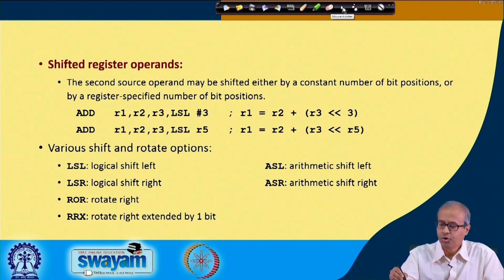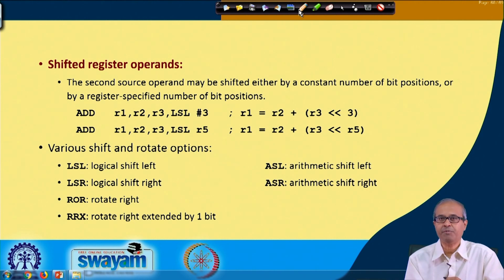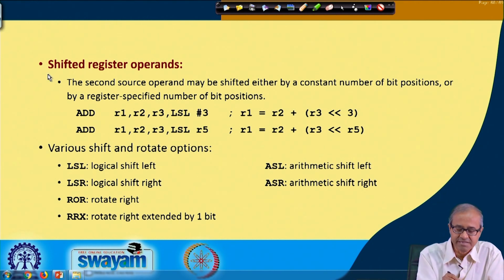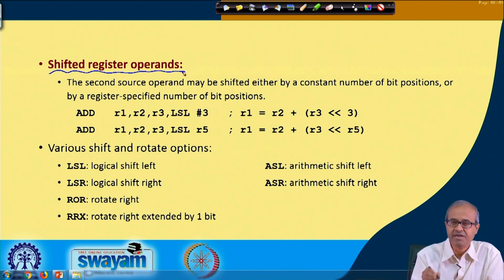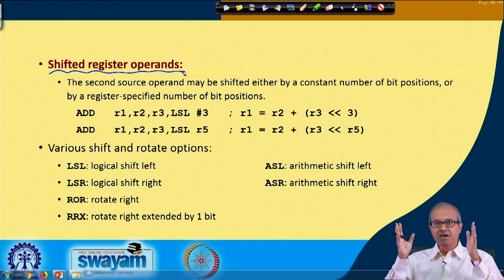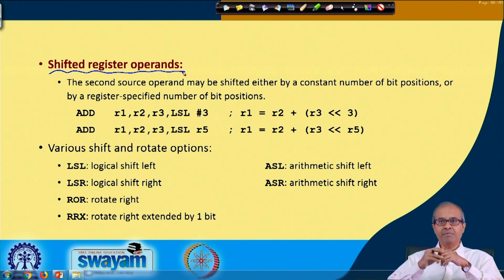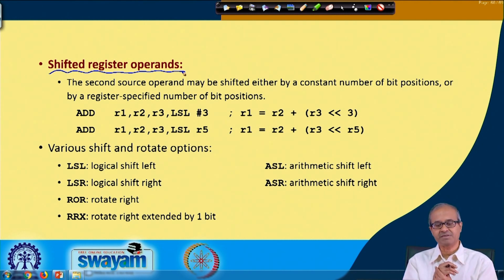Then I talked about some flexibility in the second operand. You see here this shifted register operand comes in. You recall in the architecture I told in ARM there is a barrel shifter. The second operand optionally goes through the barrel shifter, you can shift it and then you can do some arithmetic or logic operations.